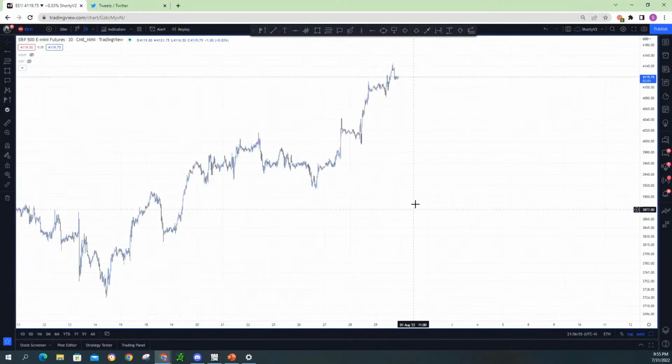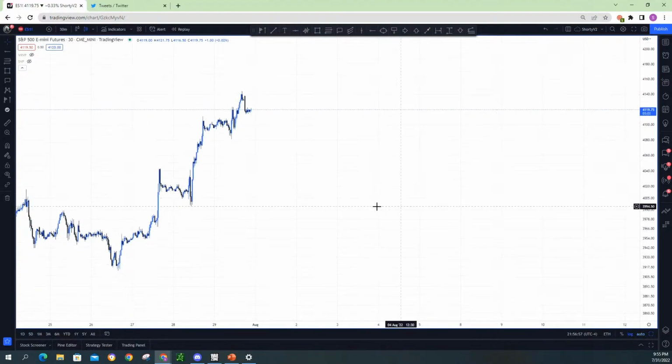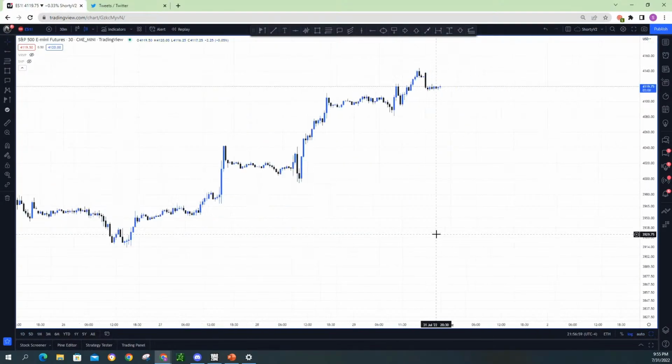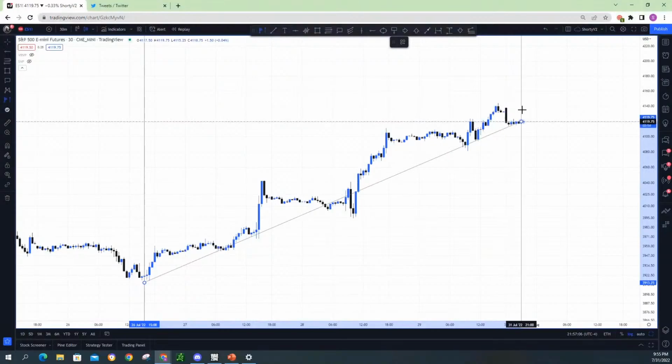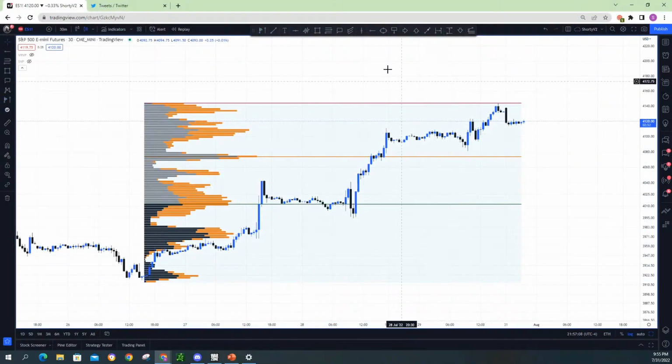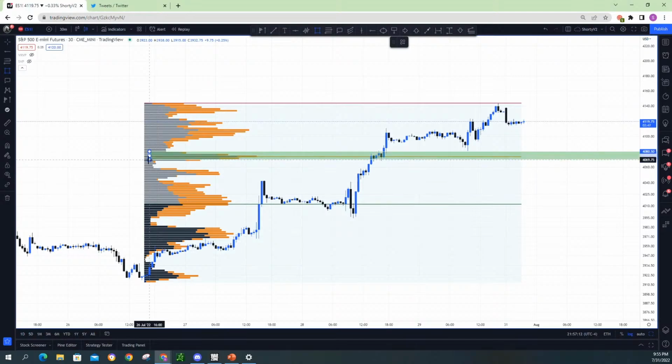I'm looking for this run. Where's the potential buyers' accumulation of this run right here? Okay, well, on this run, it seems like the buyers are right now here.